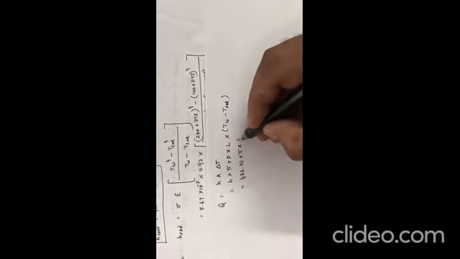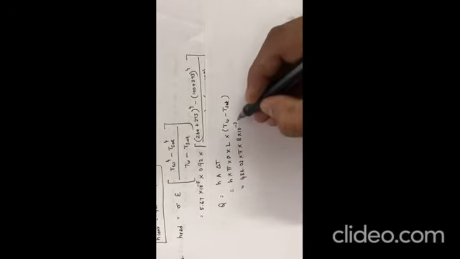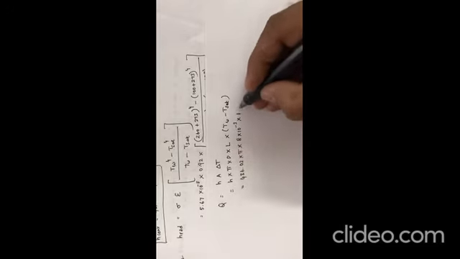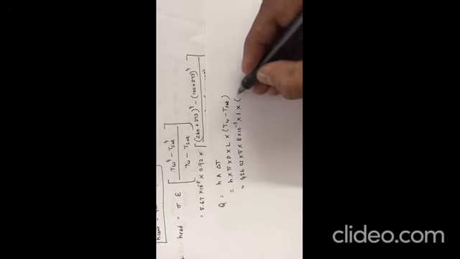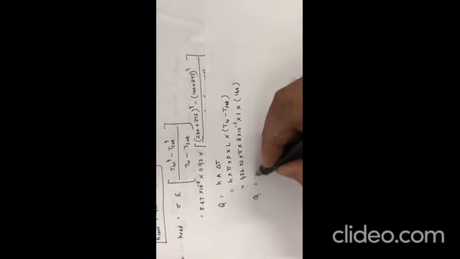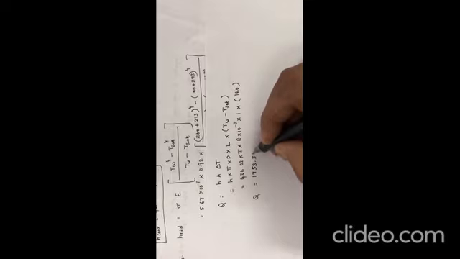So H will be 436.02 into pi into d. The diameter of the element is 8 into 10 power minus 3. So it's per unit length. So substitute 1, and then the difference between the temperature is 160. So finally the power dissipated is going to be 1753.34 watt per meter. So this is the power dissipated.